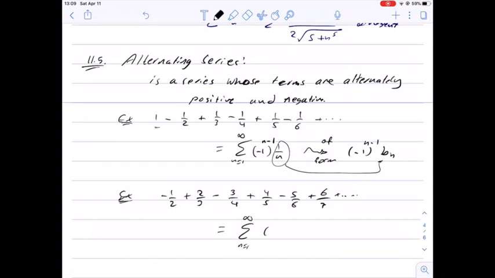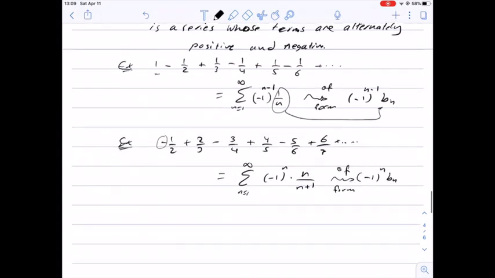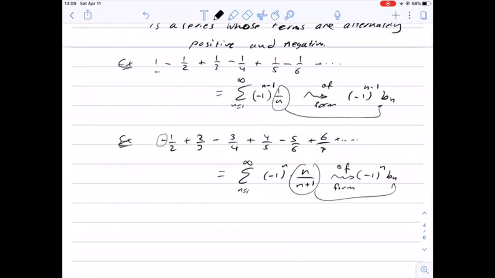This is the sum from n equals 1 to infinity of -1 to the power n, because the negative sign appears at the beginning, so when n equals 1 we have a negative sign, times n over n plus 1. The general form of this series is -1 to the nth times bn, where in all these cases bn is positive.